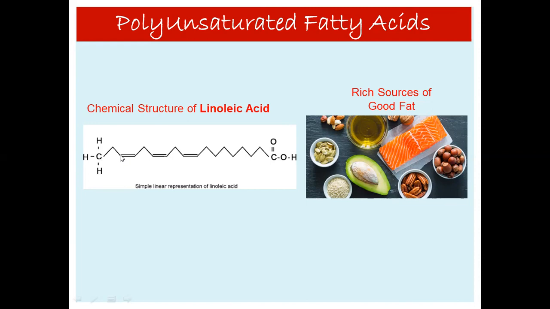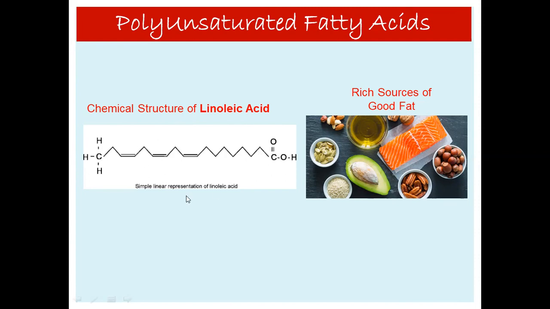So carbon number 3, 4, 5, 6, 7, 8, and 9. The unsaturations are at carbon number 3, carbon number 6, and carbon number 9, and here is the acid group of the fatty acid.